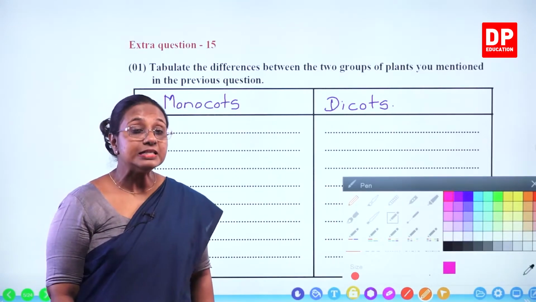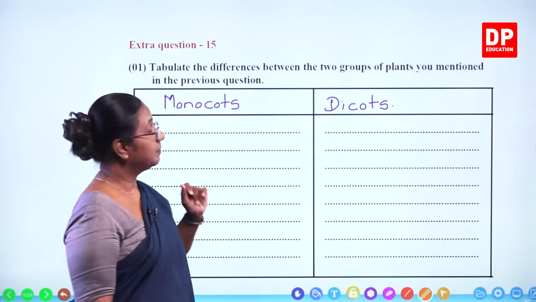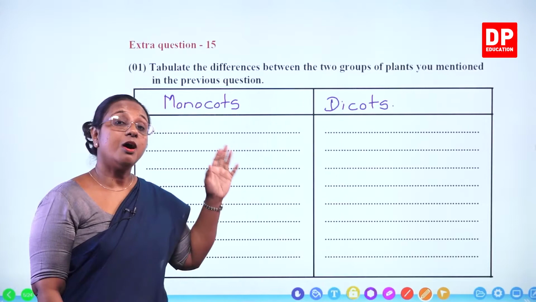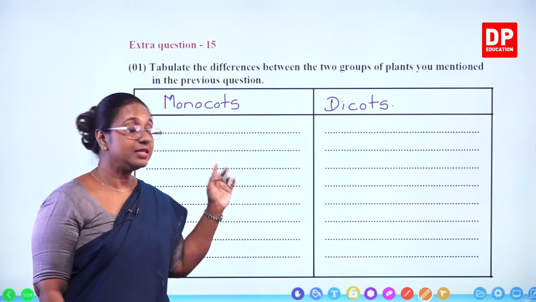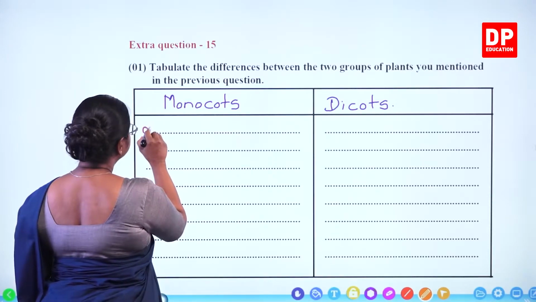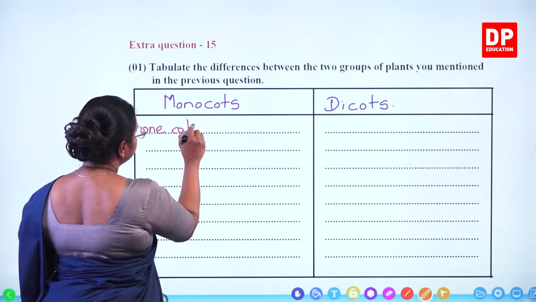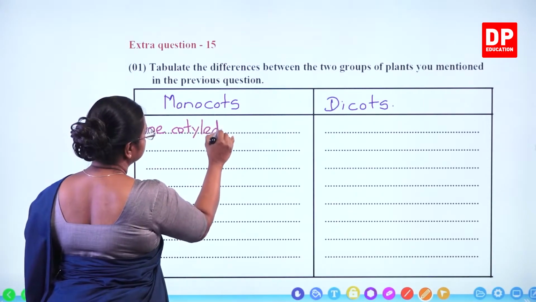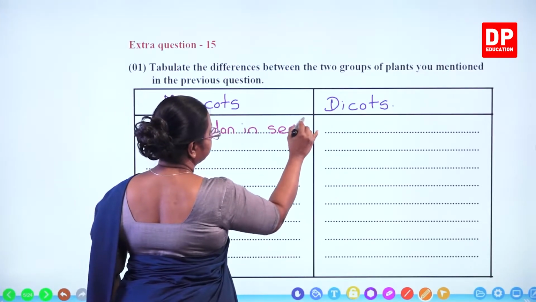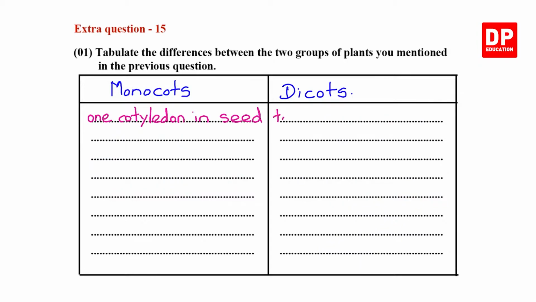We will start with the number of cotyledons. One cotyledon in seed for monocots. Dicots, two cotyledons in seed.